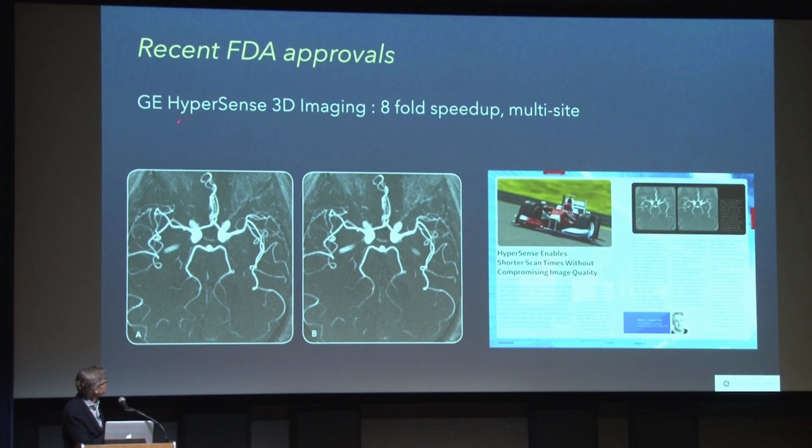One of the products is produced by GE, which is a large manufacturer of medical imaging and has a very tight relationship with research being done on this campus and licensing agreements and so on. So the product, as they call it, is HyperSense. This is an article by a professor at Cambridge University Hospital describing the benefits of using this product.